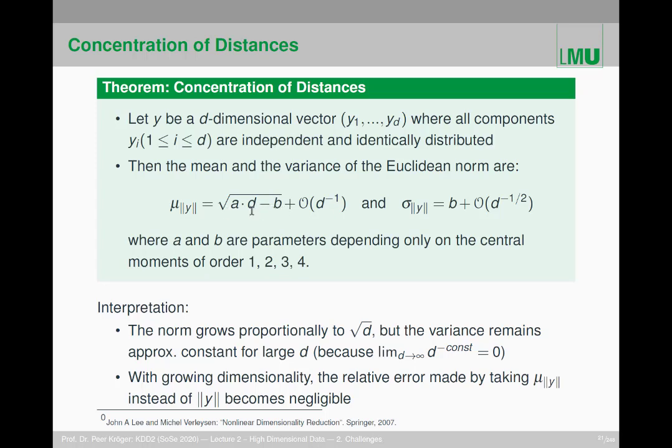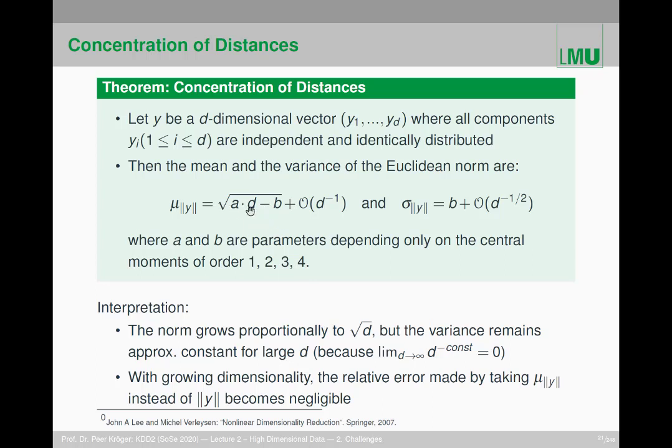It's a times dimensionality minus b. A and b are some constants, depending only on the central moments of order 1, 2, 3, 4. Forget about that, they are unimportant constants.